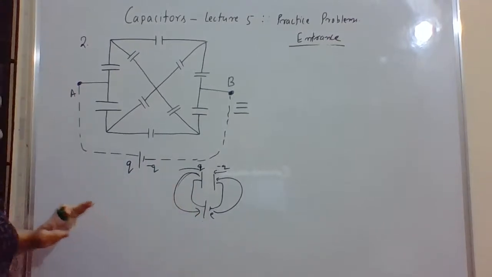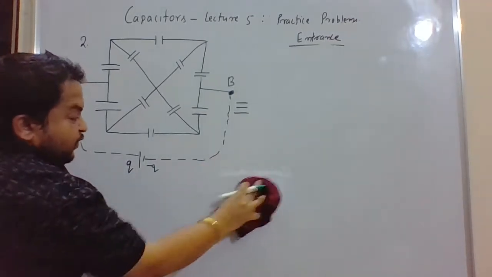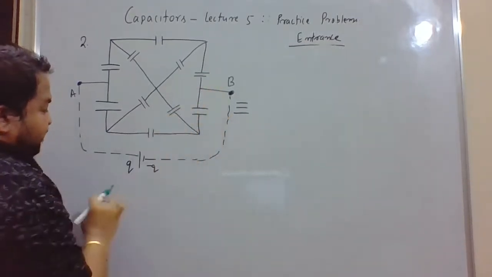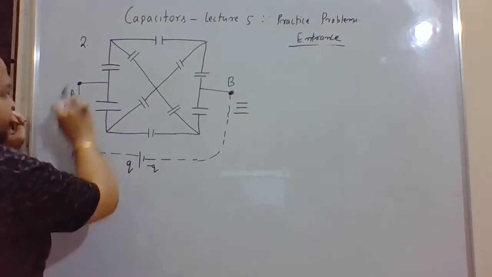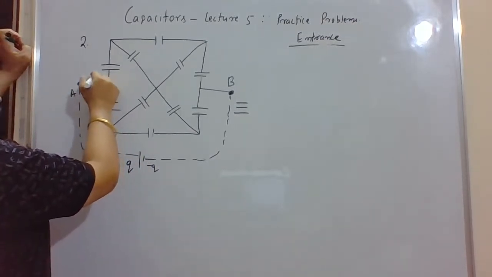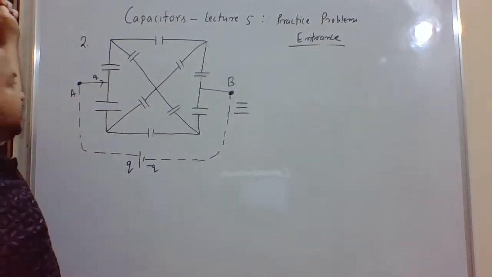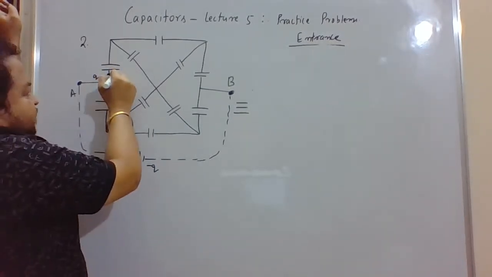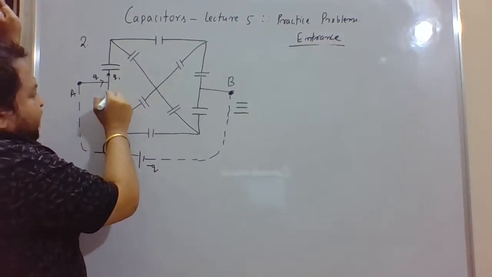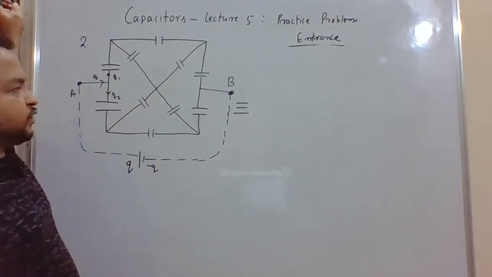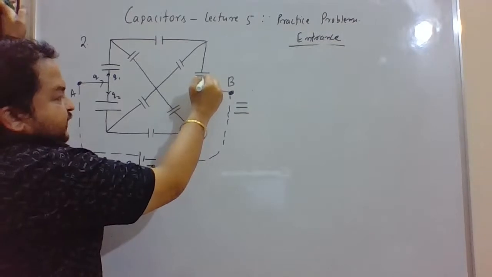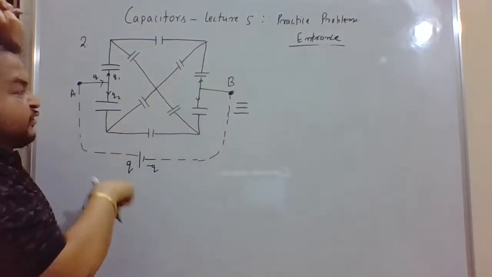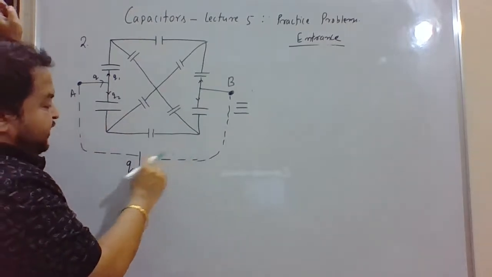So all that we are doing, for calculation purposes, is saying let's say the negative electrode is giving charge minus Q and the positive electrode is giving charge plus Q. So charge plus Q arrives here, and from here it will get divided. Say charge Q1 comes to this side, charge plus Q2 comes to this side. Similarly, there's a reason why we are using symmetry, and symmetry is pretty important.